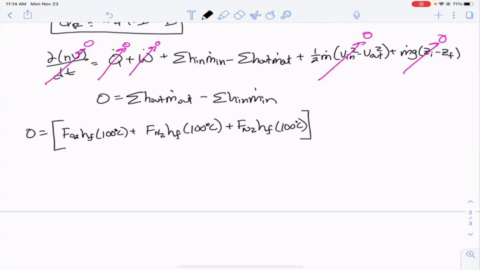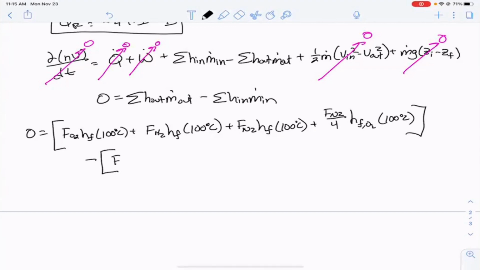So that's all the stuff that's leaving the box. And actually, sorry, this was our flow rate of oxygen. We also have a flow rate of oxygen because of the air that we fed. And that is F nitrogen over 4, right? Because it's approximately 80-20. Again, times the heat of formation of oxygen at 100 degrees C. Sorry, that's all the stuff that's leaving, minus the stuff that's entering, okay?